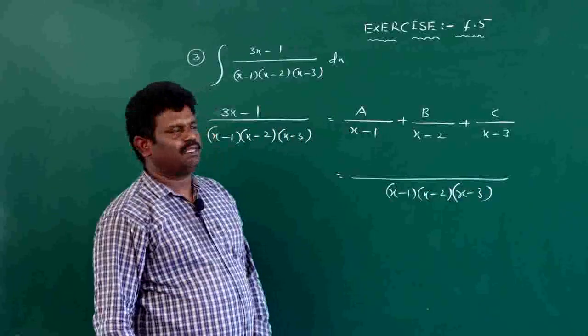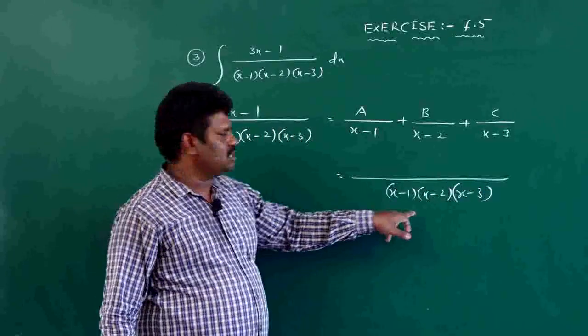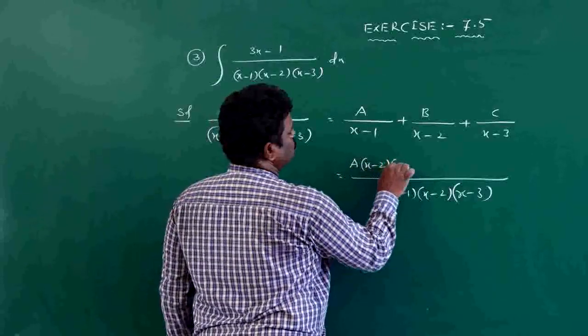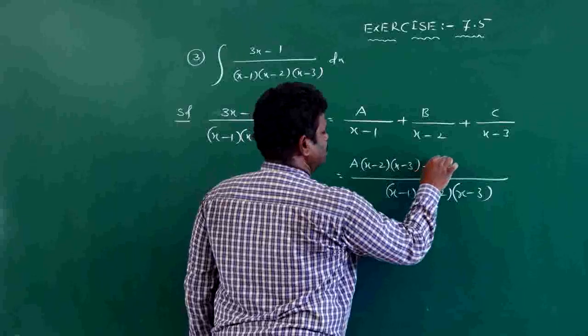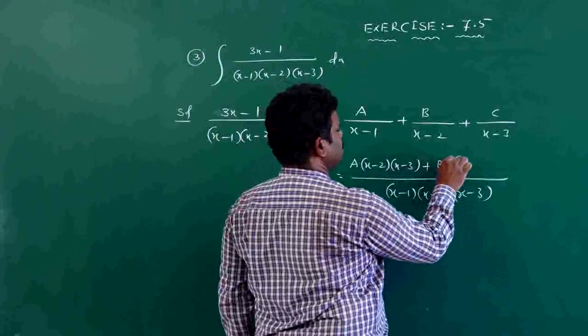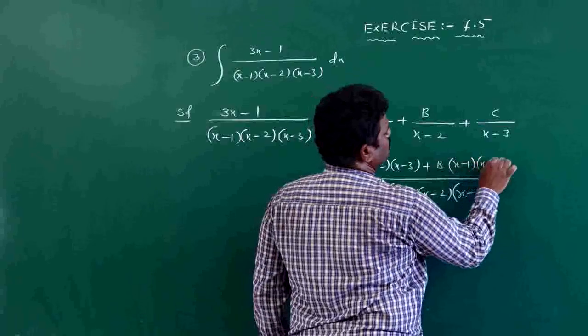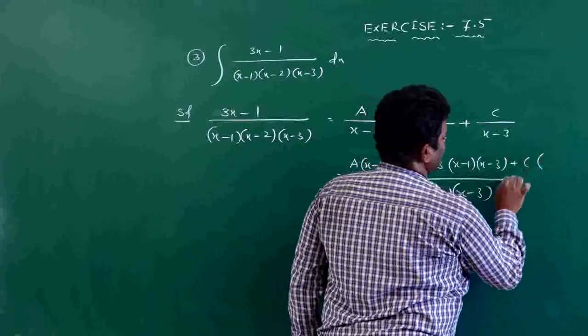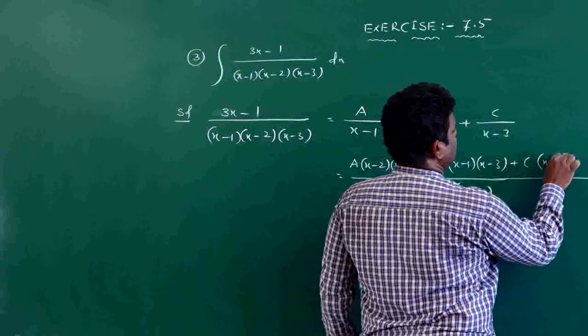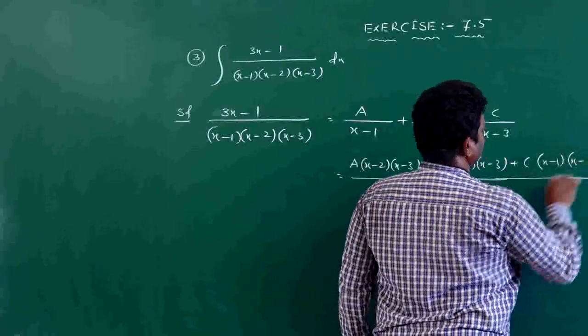Okay? In the LCM method, x minus 1 cancels, and the remaining two terms give a into x minus 2 x minus 3, plus b into x minus 1 into x minus 3, plus c into x minus 1 into x minus 2.